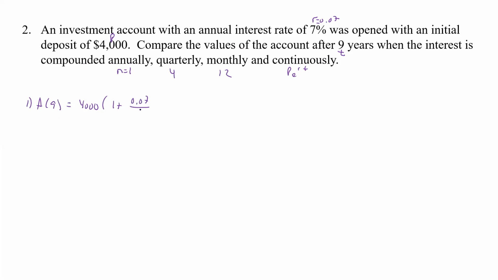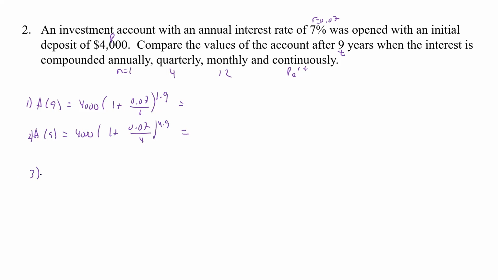Okay. All right, so A of 9, 9 years, equals 4,000 times 1 plus 0.07 over, we'll do our first one, which is 1, then 1 times 9. And then we'll have A of 9 equal to 4,000 times 1 plus 0.07 over 4 to the 4 times 9.